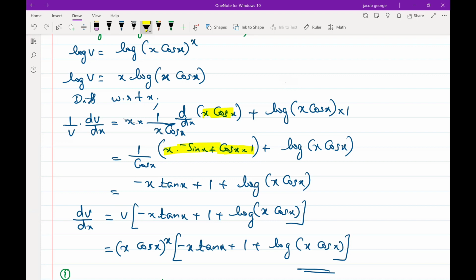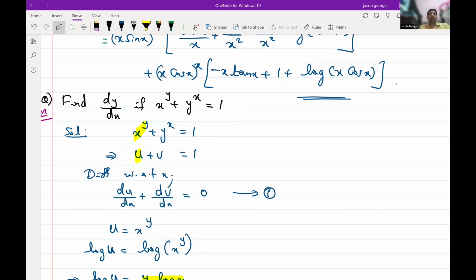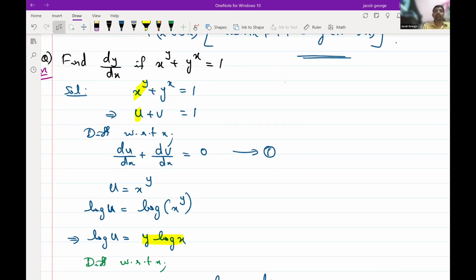Next, this type of combined question also we take x raised to y, plus y raised to x, equal to 1. Then differentiate, we get du by dx plus dv by dx equal to 0, equation number 1. Then we find du by dx and dv by dx and substitute into this, and from there you will find dy by dx. The remaining part is the same normal logarithmic differentiation.